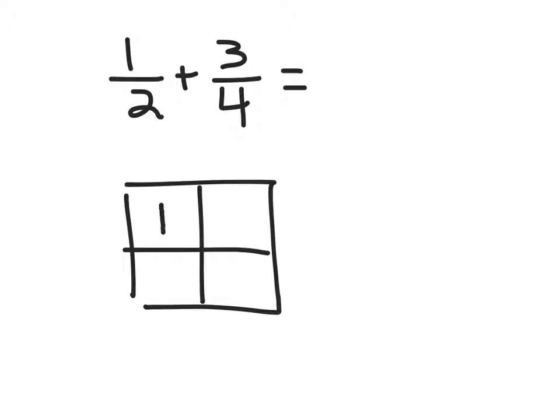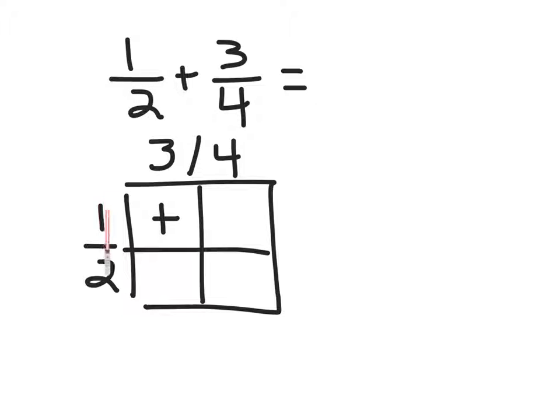I'm going to put whatever sign I have here. If it's addition, you'll put an addition sign. If it's subtraction, you'll put a subtraction sign. Your first fraction goes out here, and your second fraction goes up here. Now you're going to multiply to get into the box.